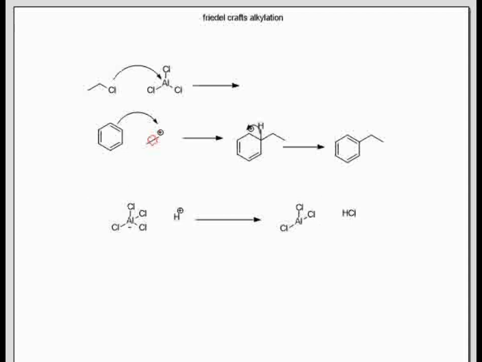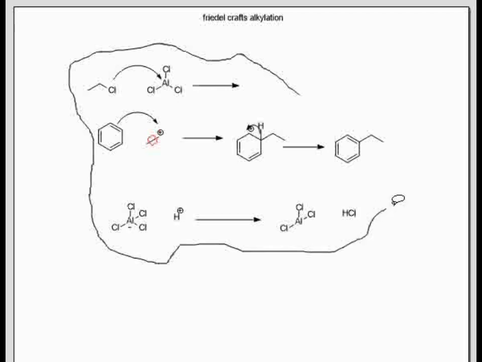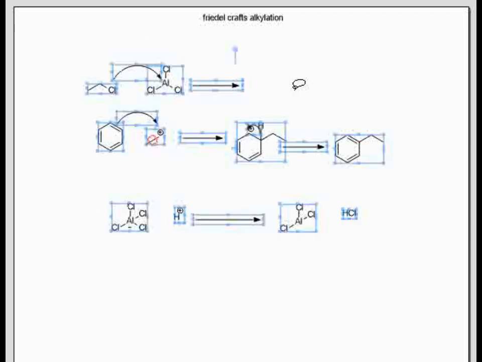Now let's talk about its demerits. What are the drawbacks of alkylating an aromatic system through Friedel-Crafts alkylation? Let's suppose we again take a benzene system.